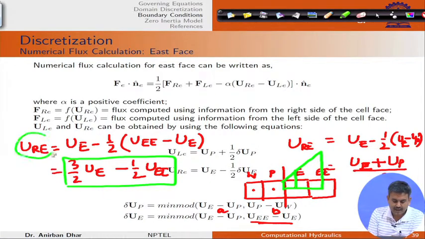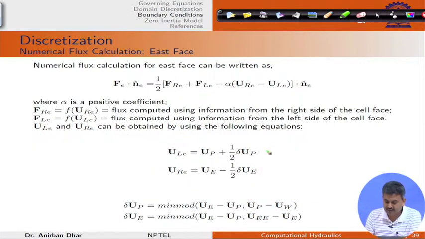So, from the right side we are getting a linearly interpolated value at the face, the right side value. Like that, we can have 4 combinations, 2 for the case of the left side, 2 for the right side.